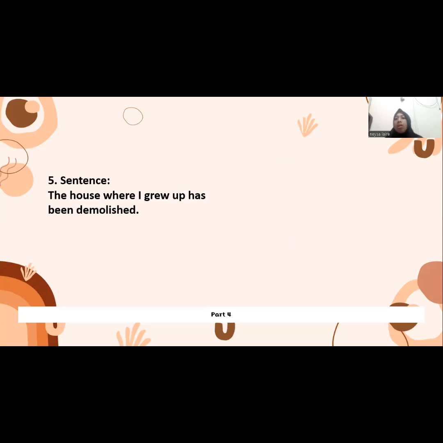Sentence 5: The house where I grew up has been demolished.